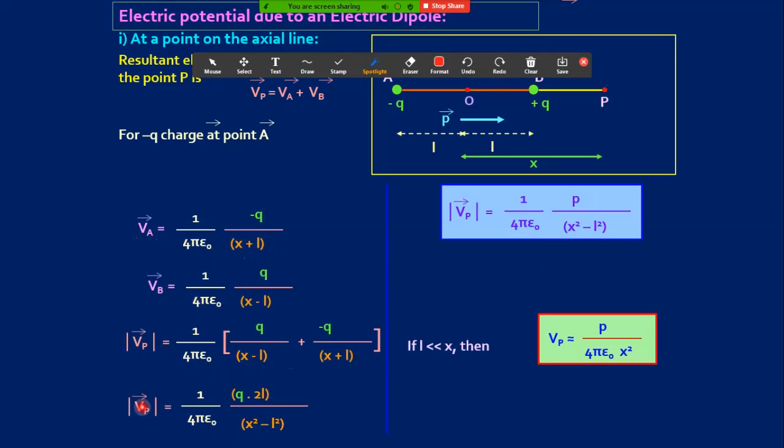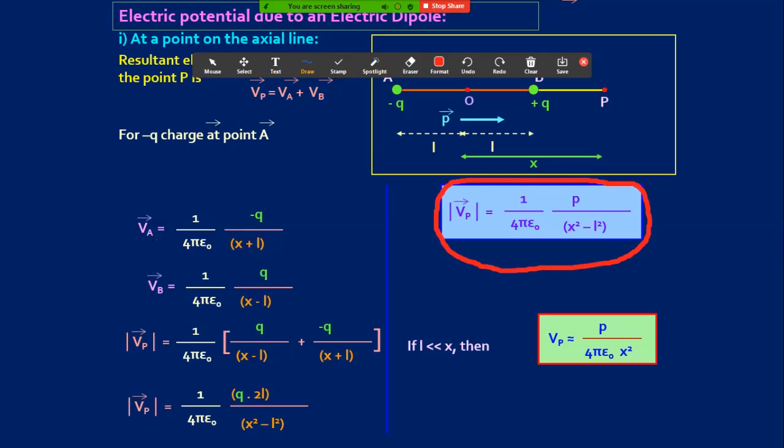After this calculation, we are getting Vp = 1 divided by 4 pi epsilon naught, p divided by x square minus L square.